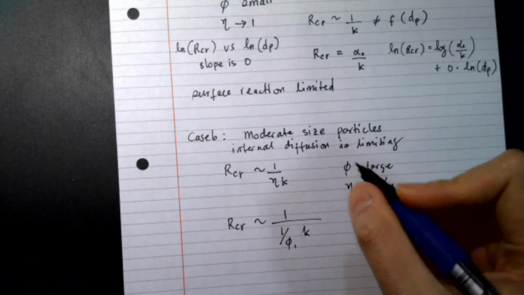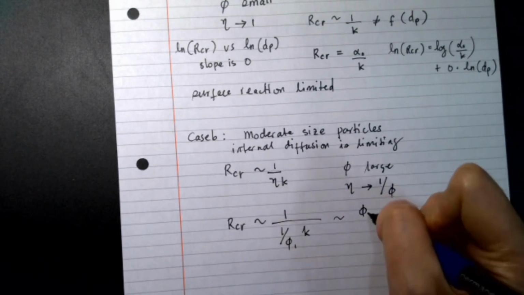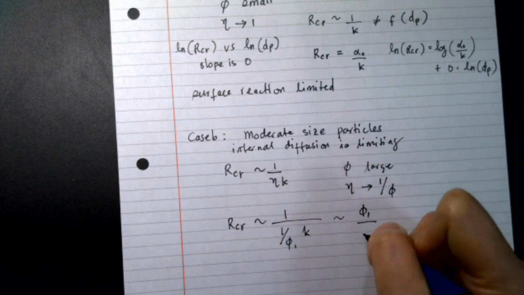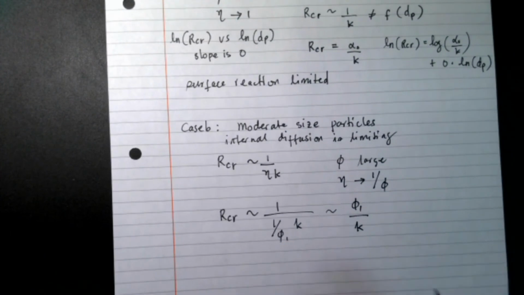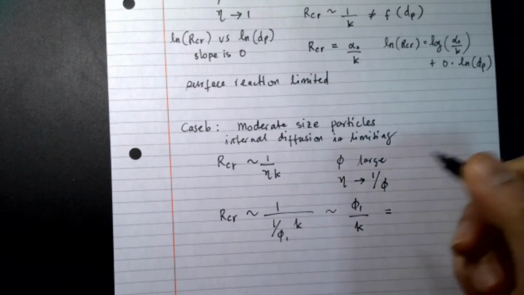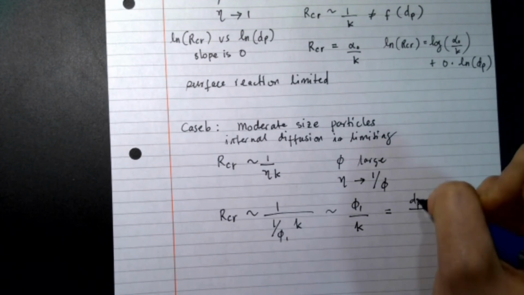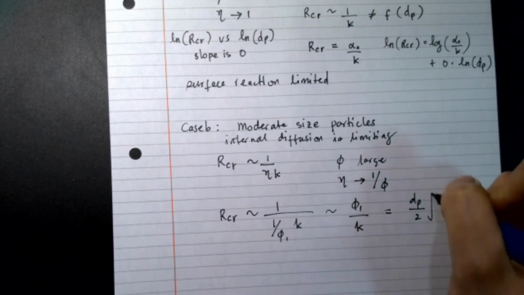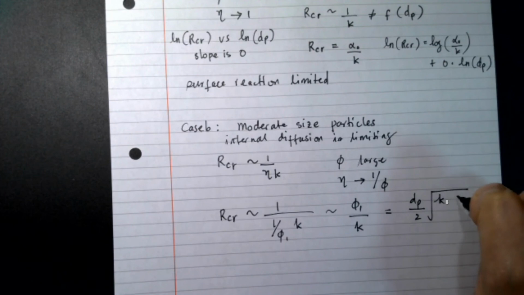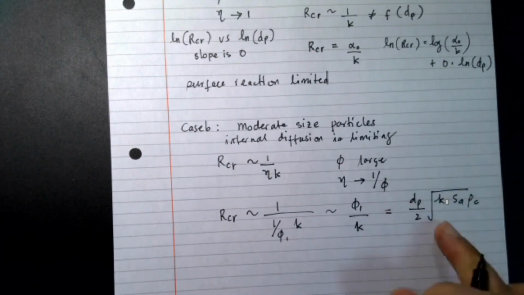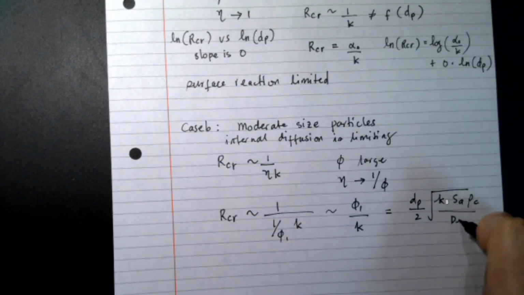So this is approximately equal to the Thiele modulus divided by K. From topic 3, we know the Thiele modulus for a first order reaction is dP, the particle diameter, divided by 2 times the square root of K times specific surface area, SA, times the catalyst particle density divided by the effective diffusivity. And then we also have a K here from here.